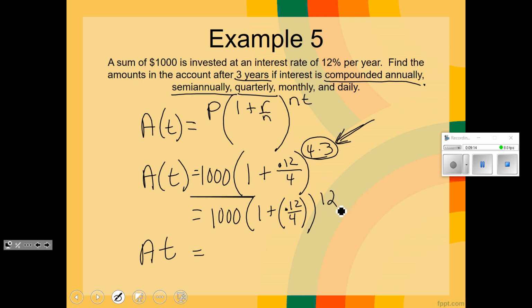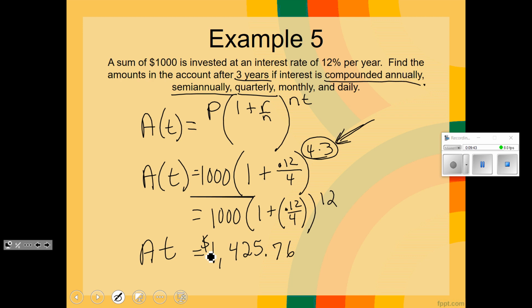So how much money would it be if I compound it every 3 months, which would be 4 times a year? $1,025.76. So again, a little bit more money.